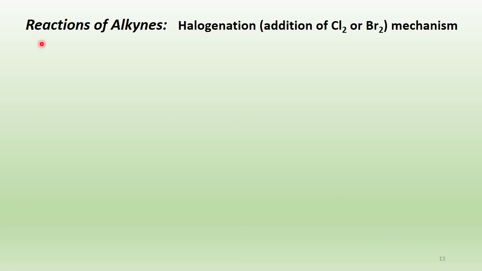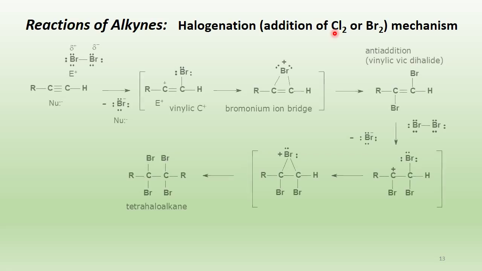Our next reaction of an alkyne is that of halogenation, specifically the addition of chlorine or bromine. Works pretty much the same way as we saw with alkenes. Carbon-to-carbon pi bonds are electron donors. They are nucleophiles. Now bromine and chlorine, they're not electrophilic. They are completely neutral and nonpolar, but they are polarizable.